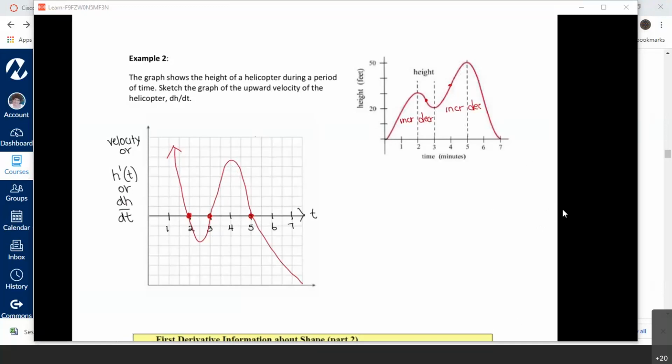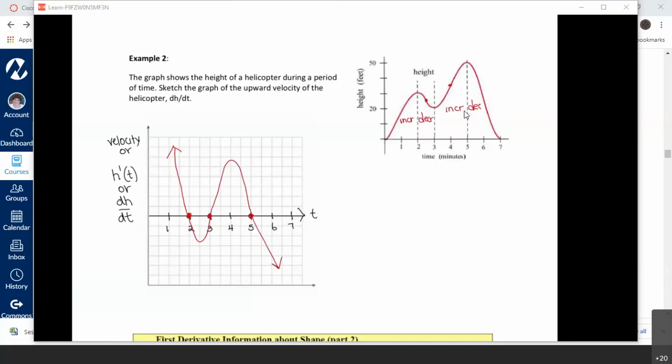The important thing to connect is that the slope of the tangent line here, positive or negative, affects the y value, or the vertical value, of your derivative curve. So again, rather than making this look weird, I'm just going to have it look like this. And again, try not to look at it as a straight line.